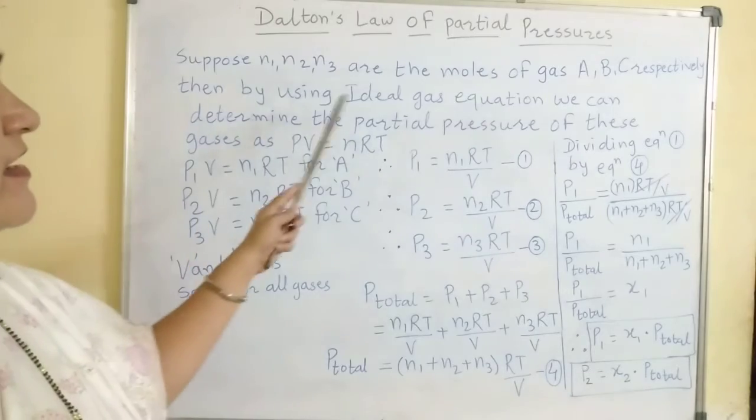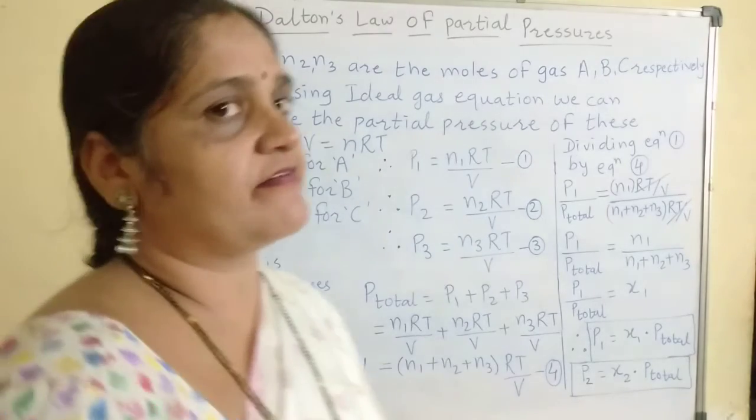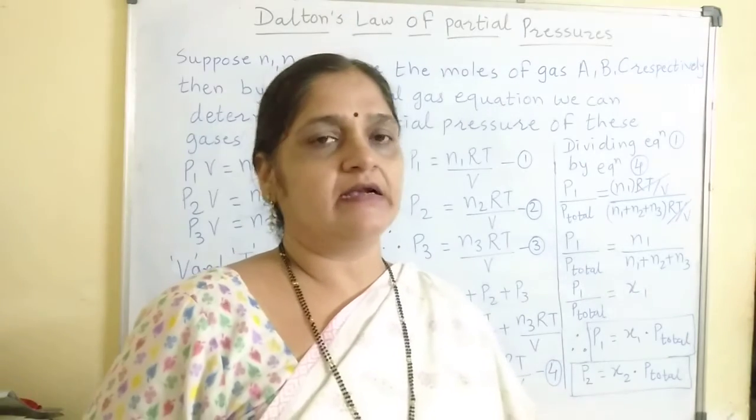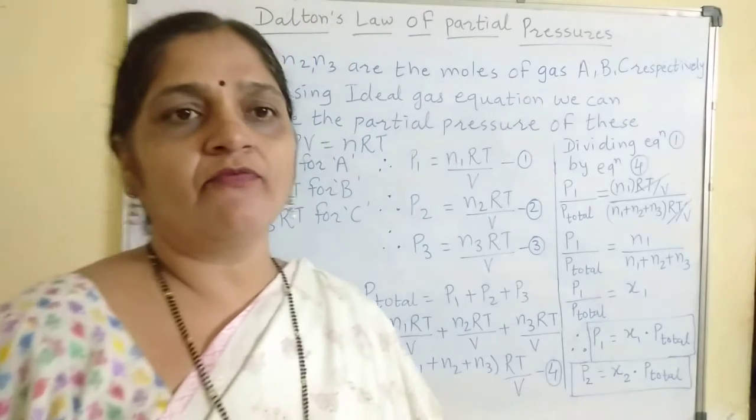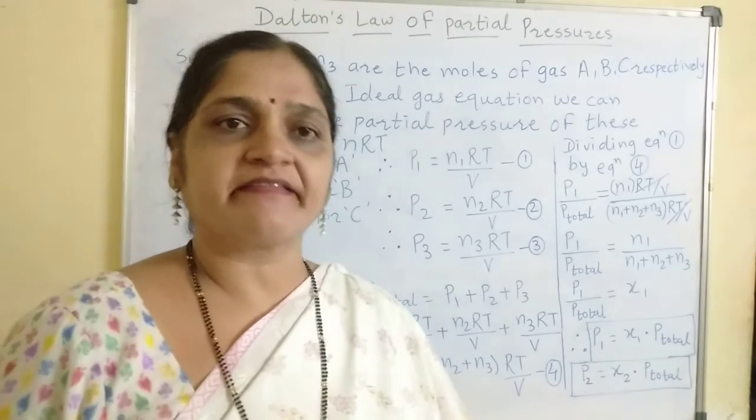Now by using the ideal gas equation, PV equals nRT, we can relate the number of moles of these gases with their partial pressure.